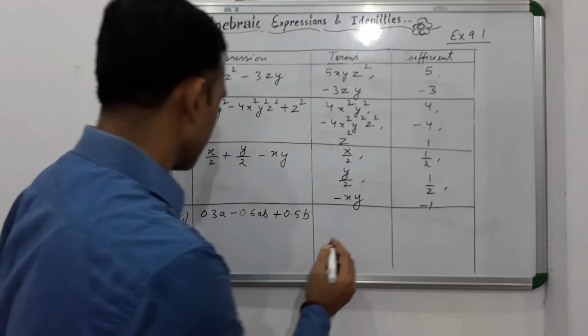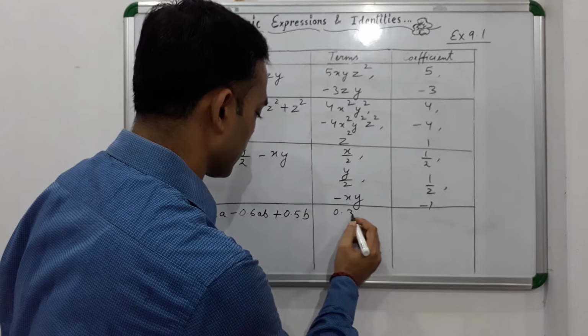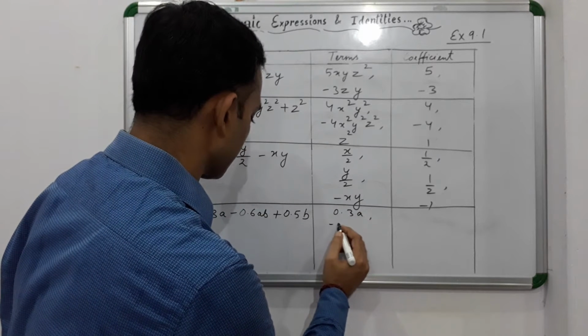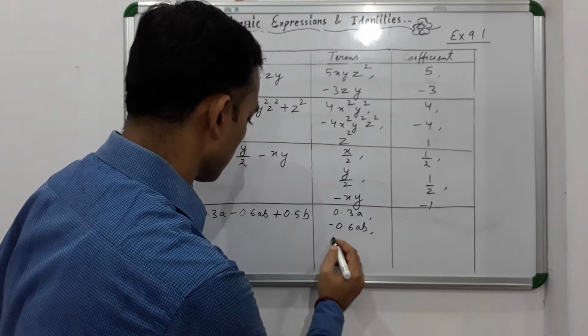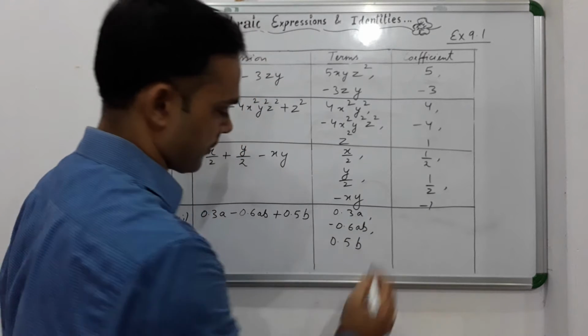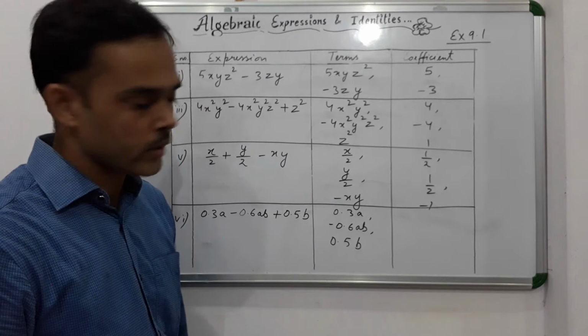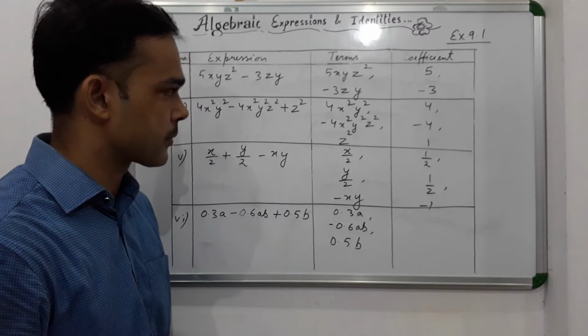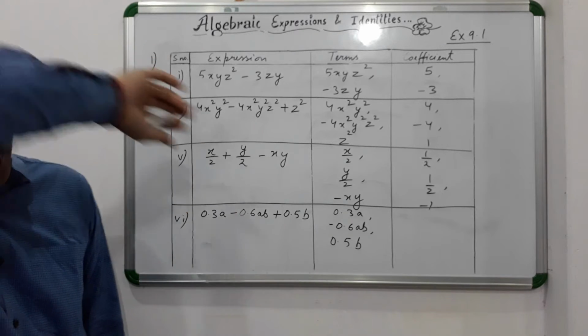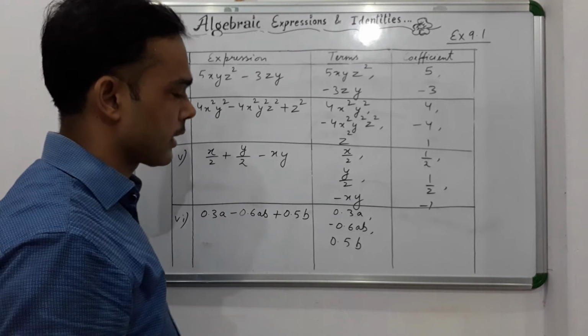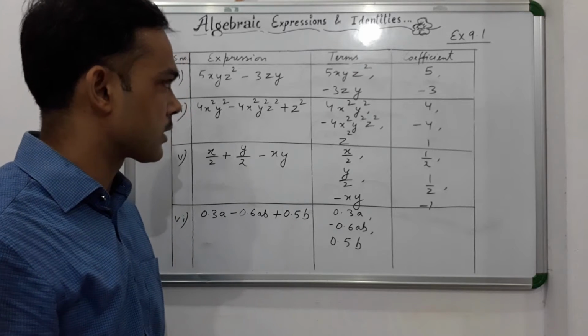So the three terms are 0.3a, minus 0.6ab and 0.5b. Now after this let's talk about coefficient. In coefficient, you once again have to see the numeric value, that is the number.